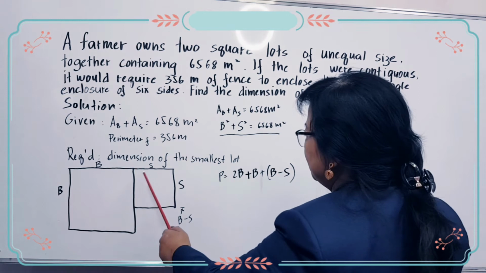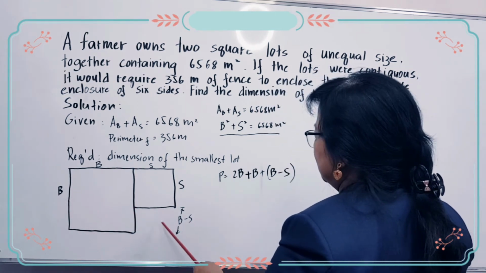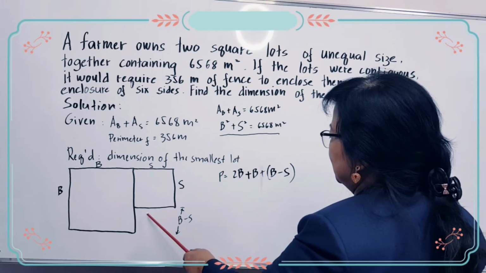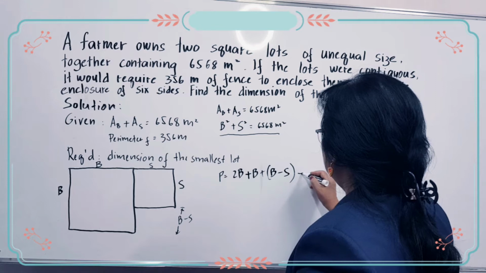So, the perimeter is 2B plus B plus B minus S plus this one, how many? 3S.